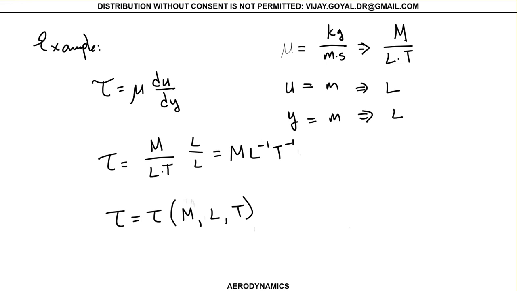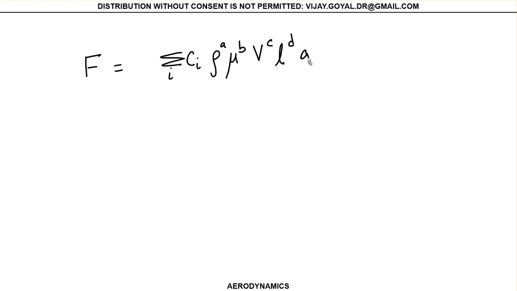So in a very, very general sense, what we could have is a force, the aerodynamic force F. We can add many of these things, many forces, and they all would be a function of letter A, density B, maybe velocity C, length D, A, E, and basically this goes on and on.